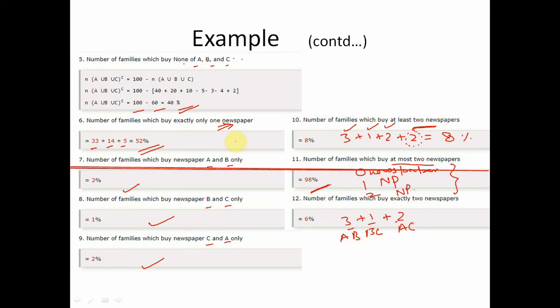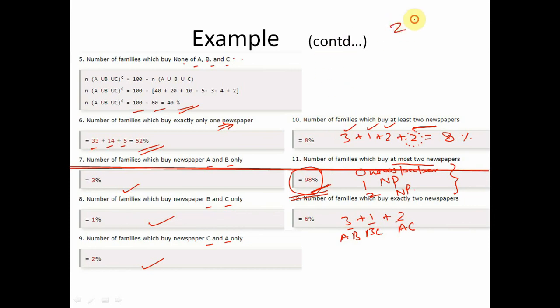Right? I'm leaving this one for you to check on your own. Let me see how many of you are able to understand how this 98% is coming. At most 2 newspapers. What do we mean by at most 2 newspapers? At most 2 newspapers means the number of families which are buying 0 newspapers, 1 newspaper, or 2 newspapers. Right? So let me tell you.